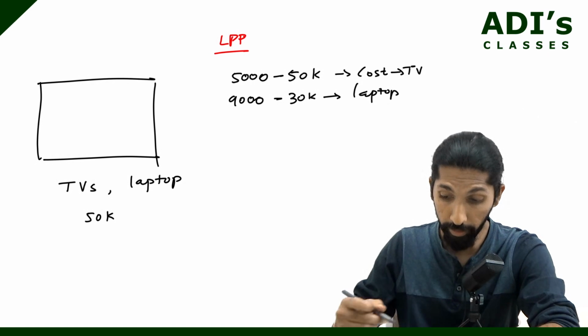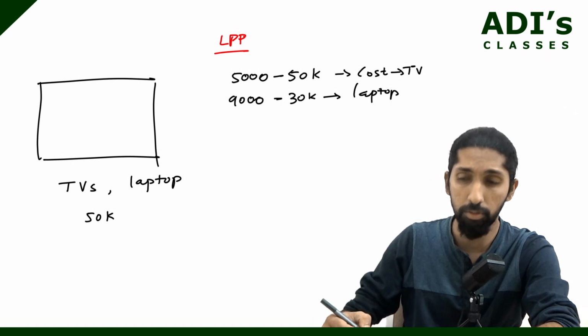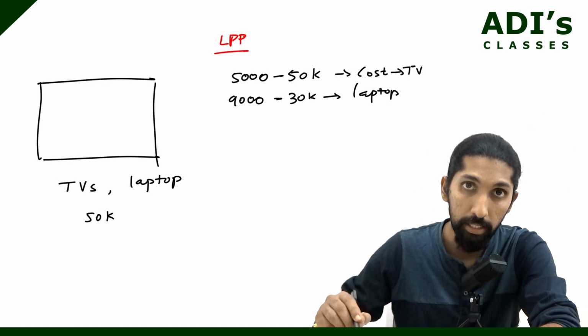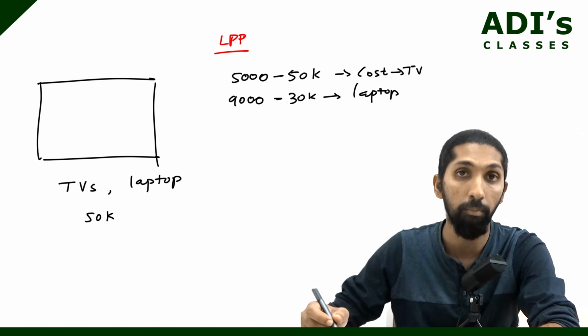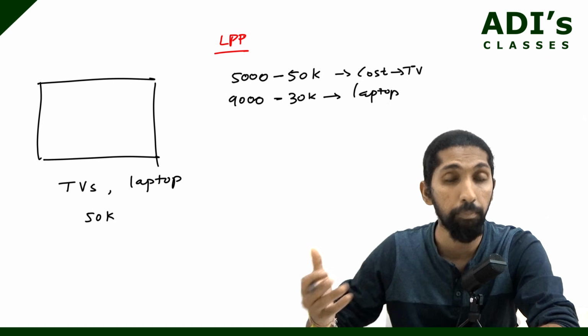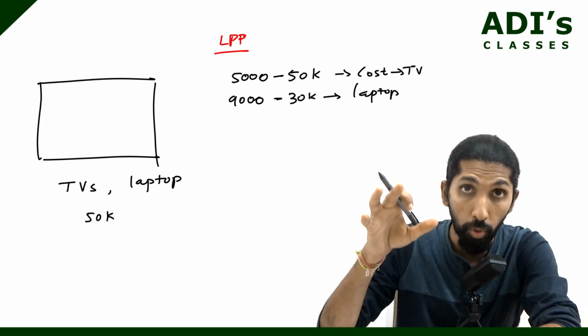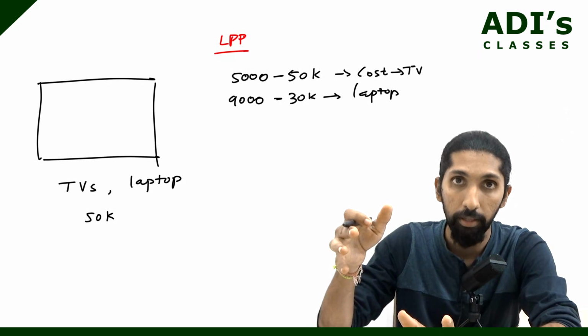Now, guys, if you look at this, obviously you might think, what if I store everything as laptops? But there is a catch. This is how many TVs and how many laptops he can fill in that volume, but for storing a TV, he has to pay tax. So what do we have here?